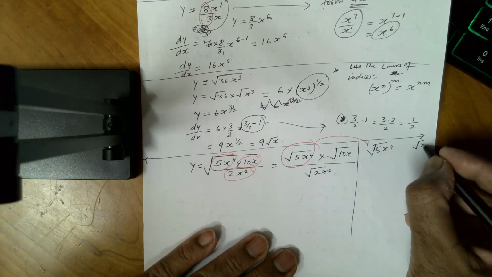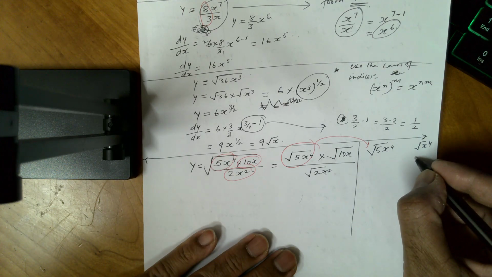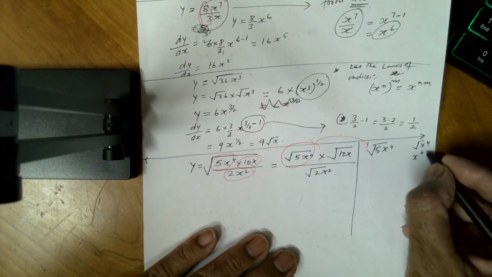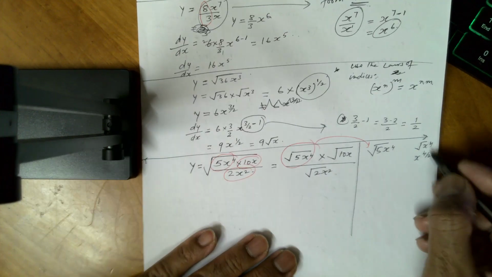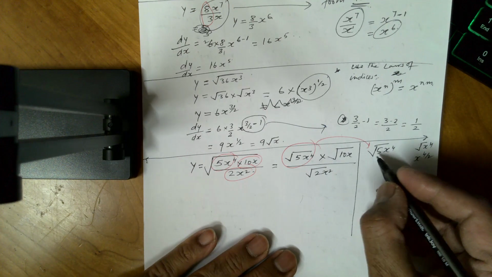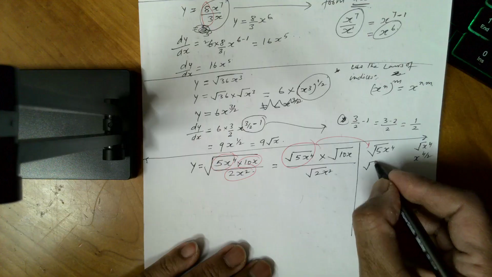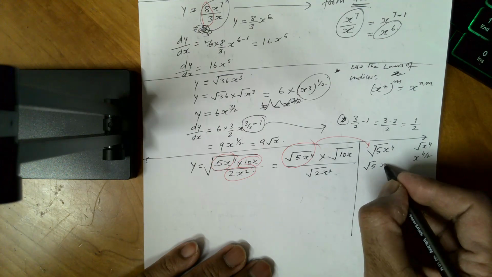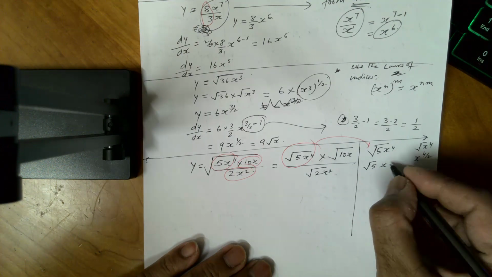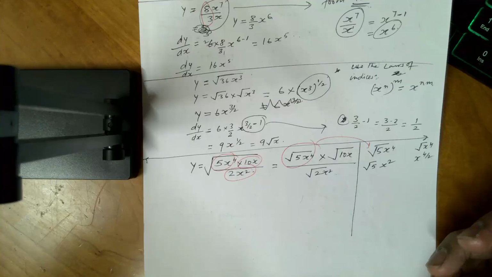So we can write this as the square root of 5, and then you got x squared.